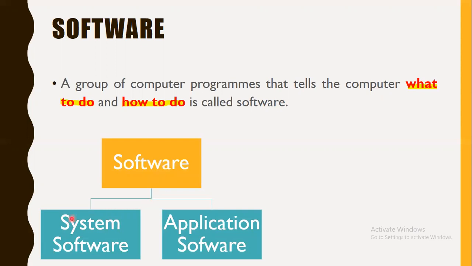There are two types of software: system software and application software. These two are the main categories or types of software.